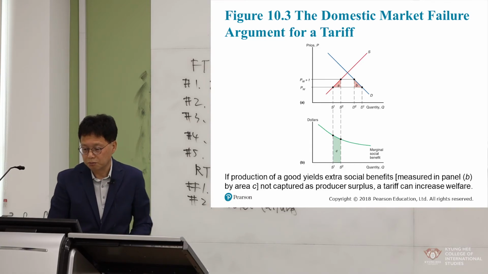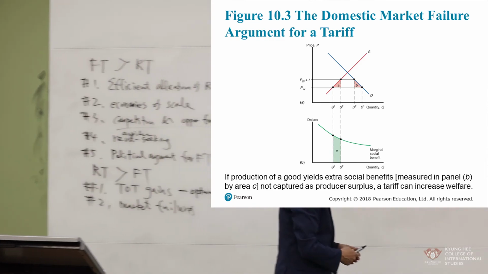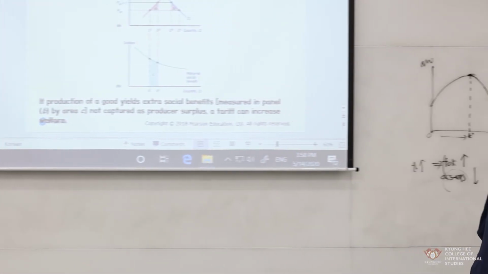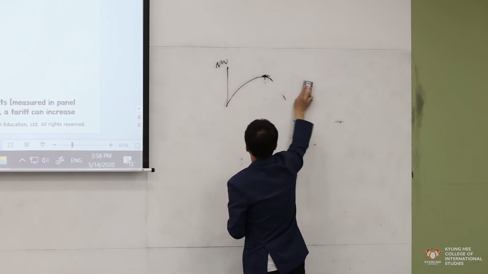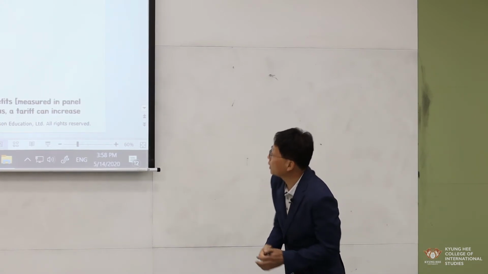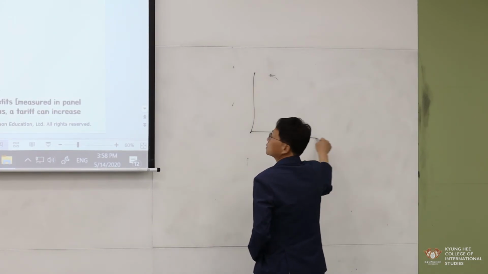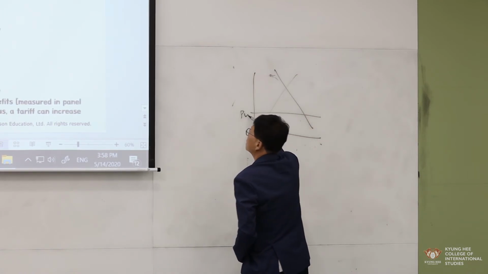Okay, I'd like to explain figure 10.3 of slide number 20. We studied that, right? For example, like this. Supply, demand, world price, PW is like this.